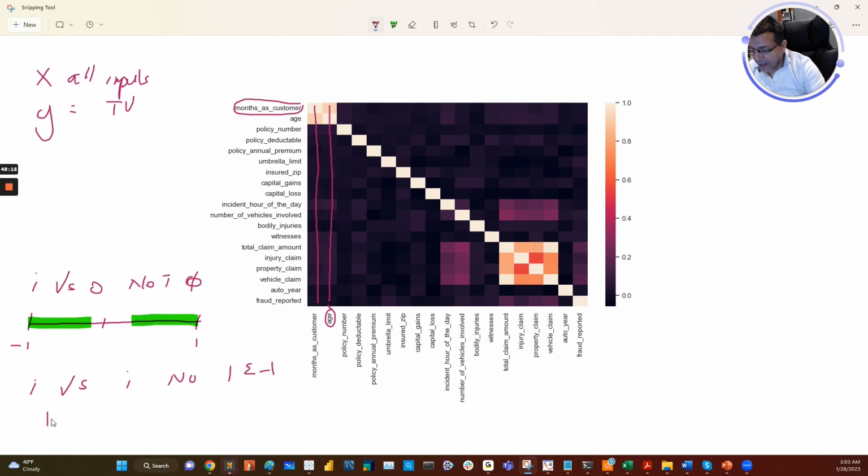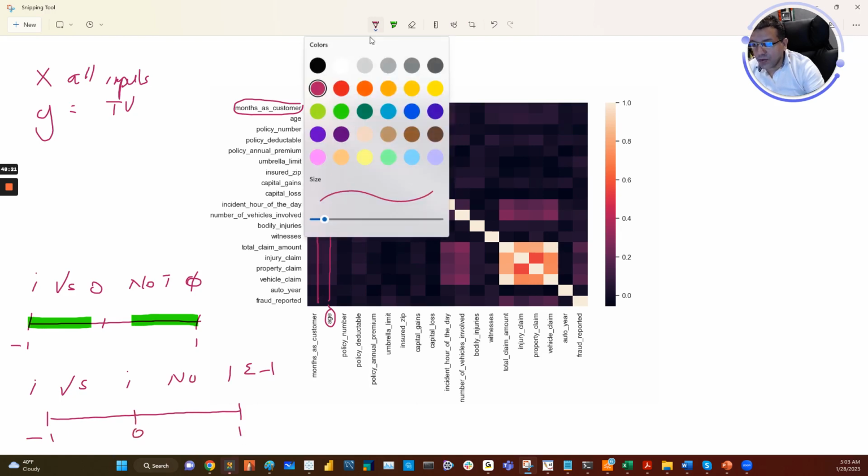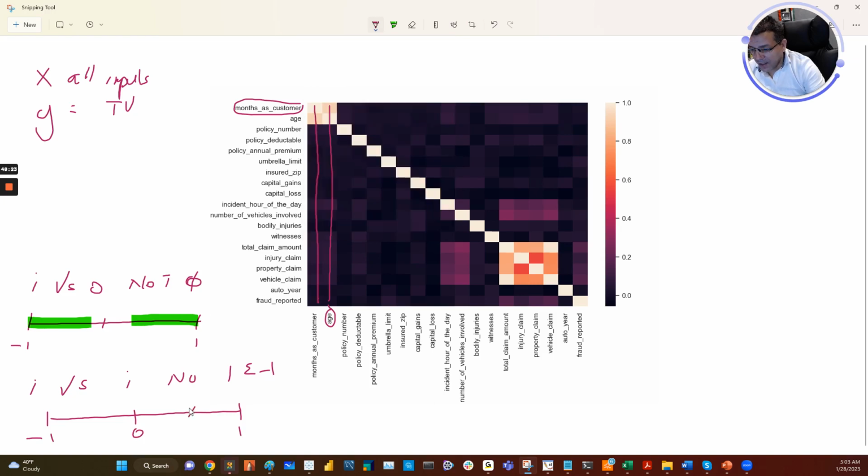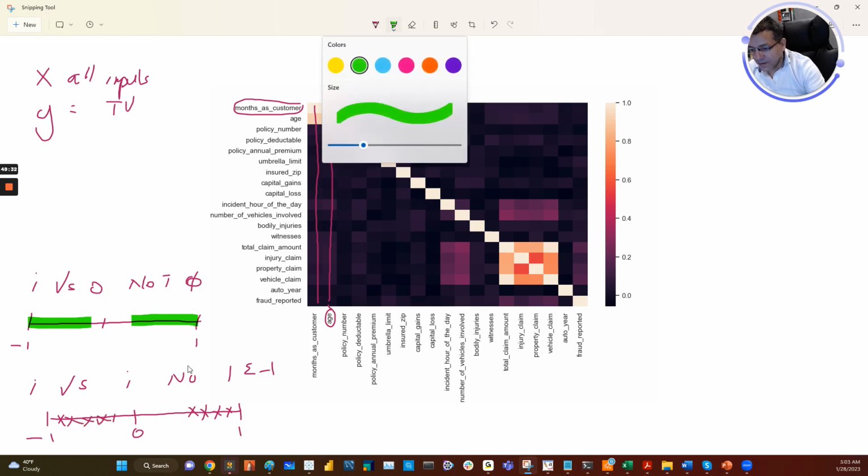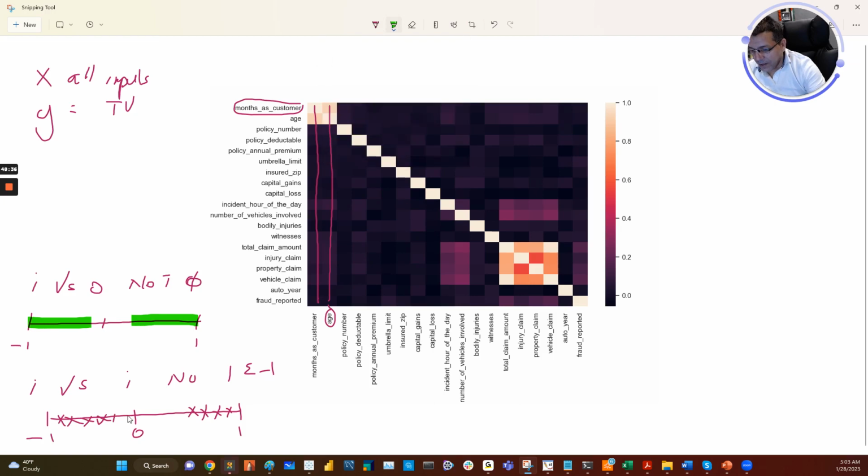So for the correlation between minus 1 and 1, we are going to eliminate anything that is closer to 1 or minus 1, and keep anything closer to 0.